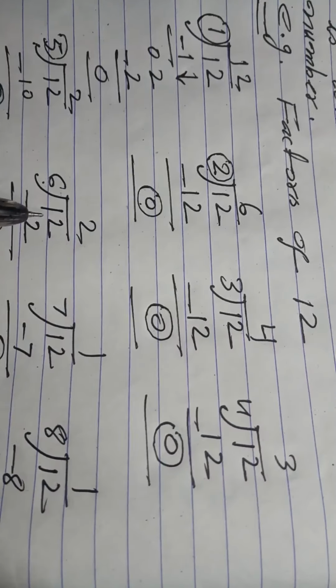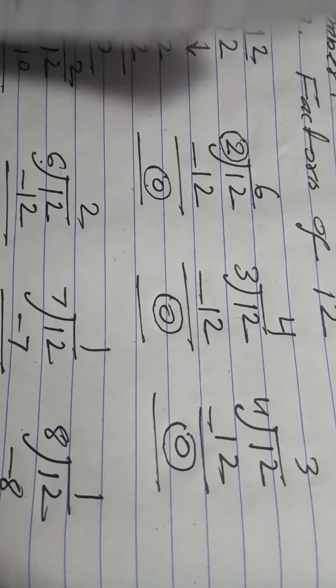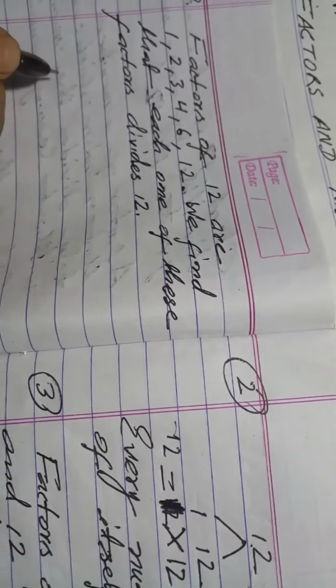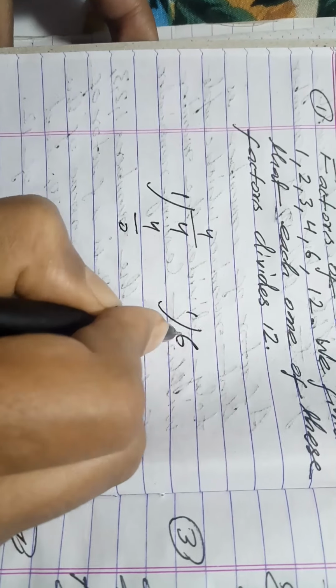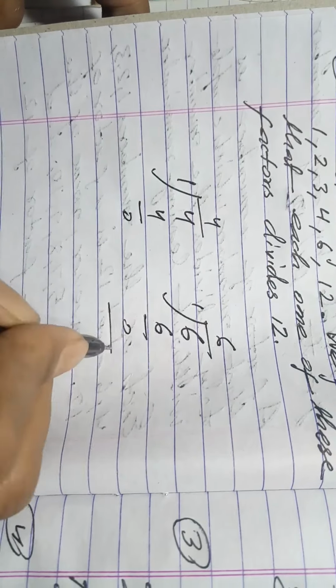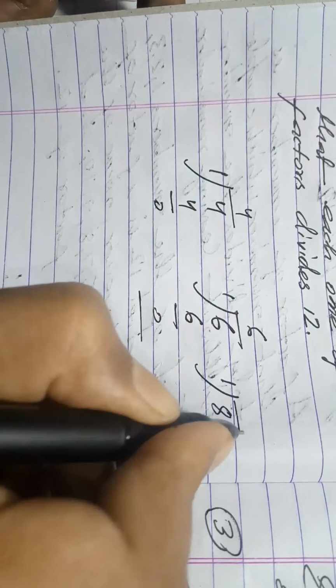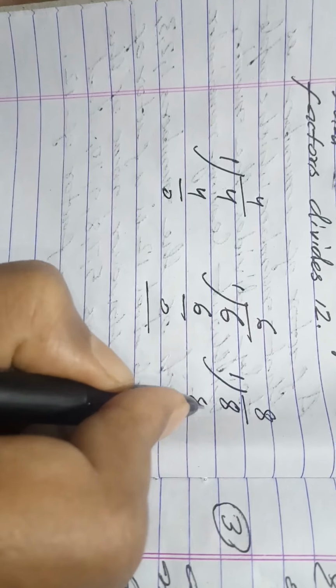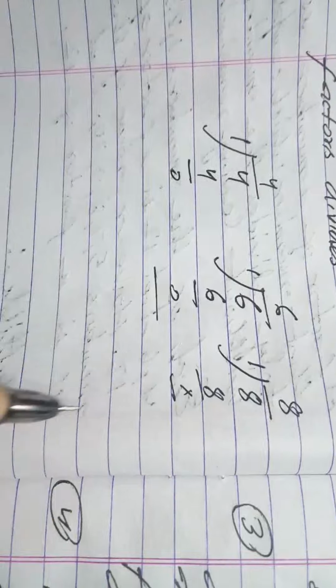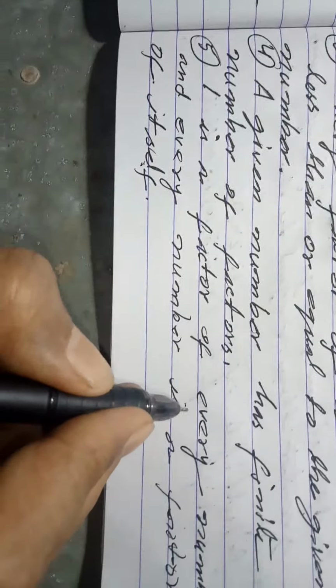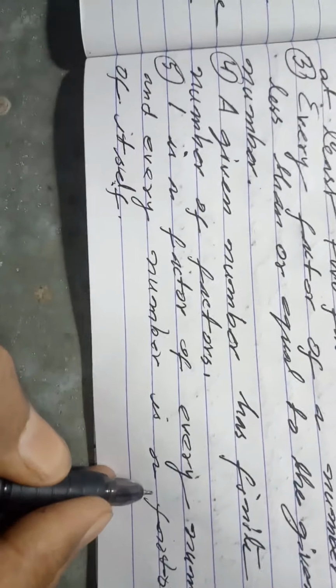Like this, 1 times 4 is 4, 1 times 6 is 6, 1 times 8 is 8. So the property is: 1 is a factor of every number, and every number is a factor of itself.